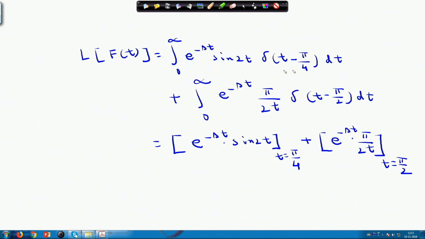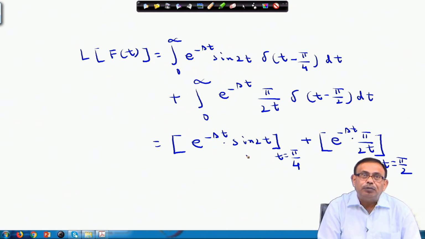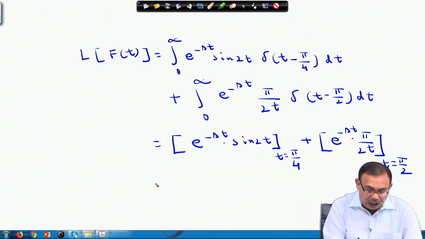So, directly I can write down the value, because I know the Laplace transform of the Dirac delta function. It is e^(-sa) when the function is 1, so here it will be e^(-st) into sin 2t.